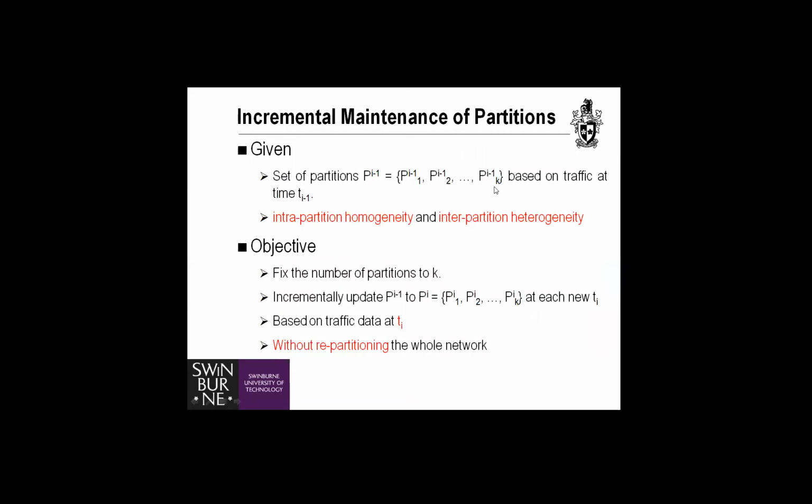These are the set of partitions given at the current time, based on time t-1, and the properties are high intra-partition homogeneity and high inter-partition heterogeneity. Now, our objective is that we fix the number of partitions to k and incrementally update Pi-1 to Pi based on the new traffic data at time ti, without repartitioning the whole network.